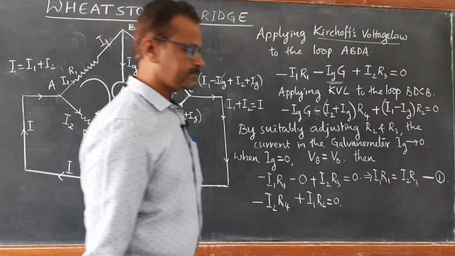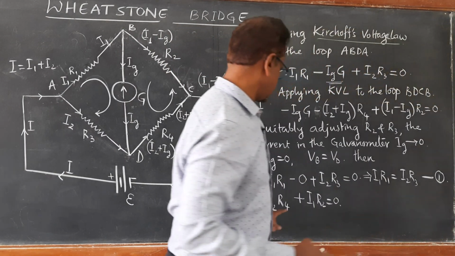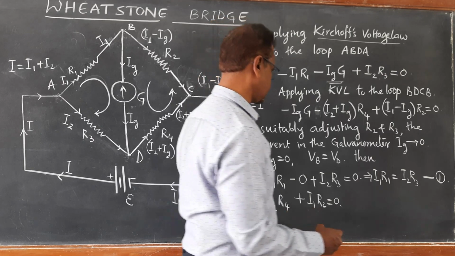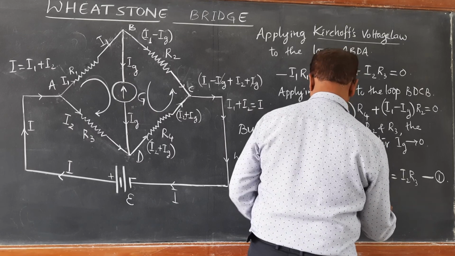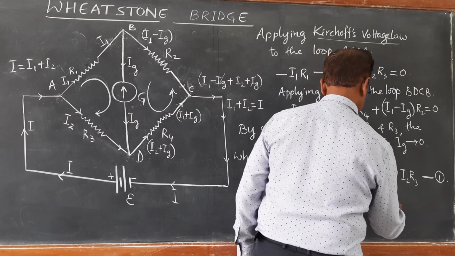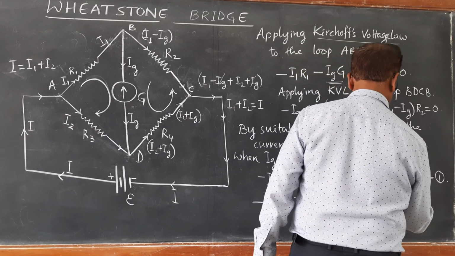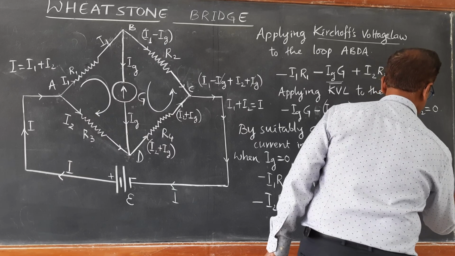So this can be rewritten as I1 R2 equal to I2 R4. This implies I1 R2 equal to I2 R4. Call this equation 2.